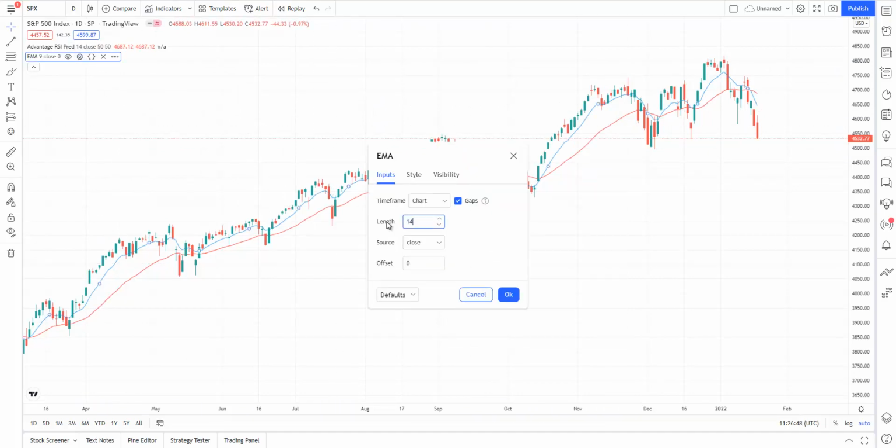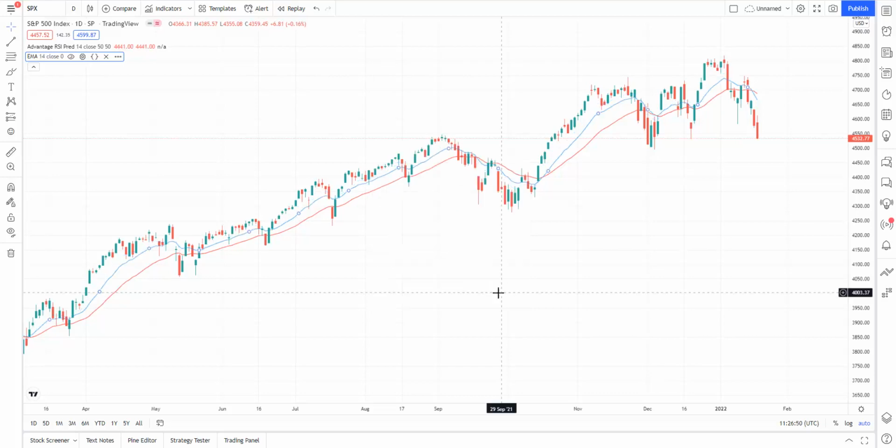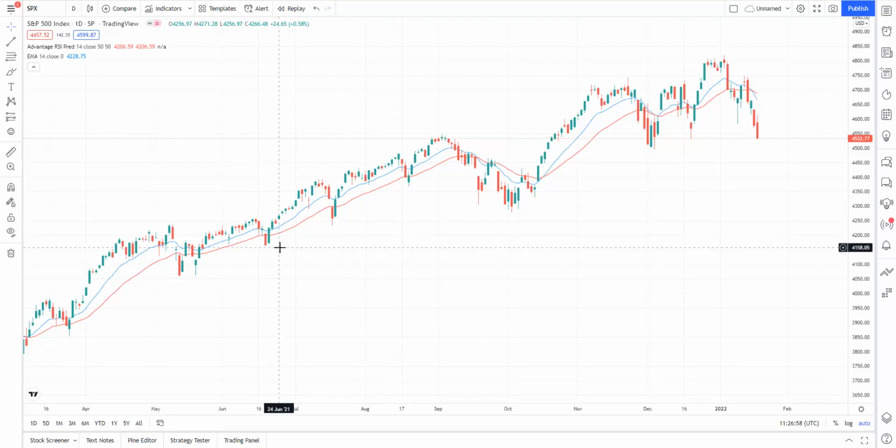Let's change the setting to 14, see what it does. Well, you can see that the blue line, which is the exponential moving average, is faster than the red line.